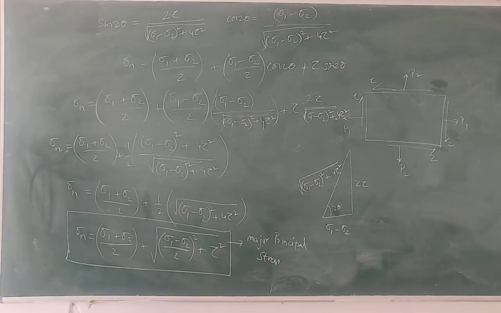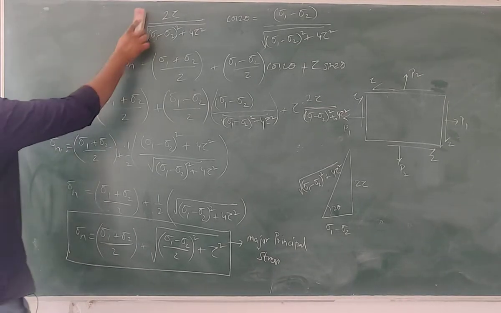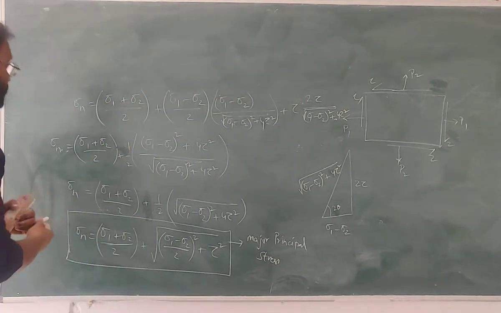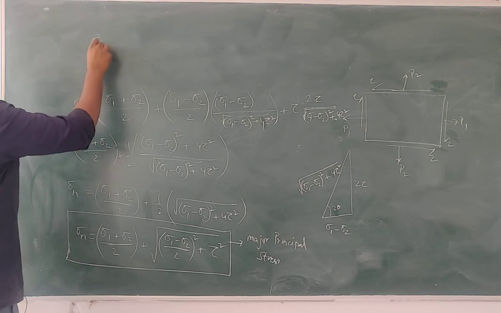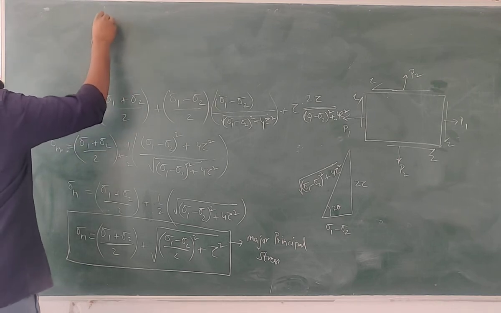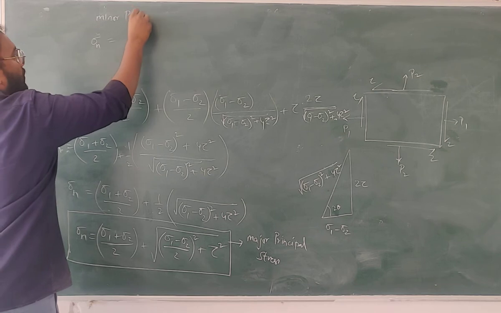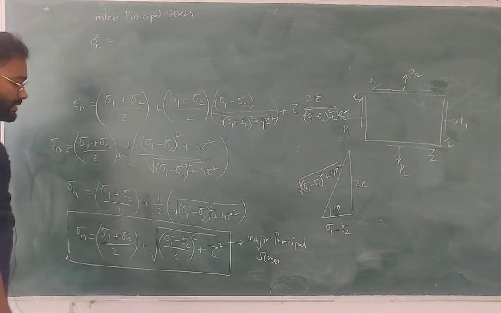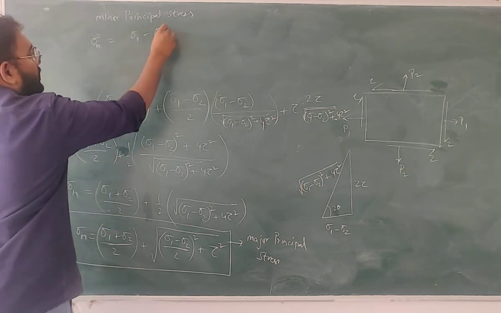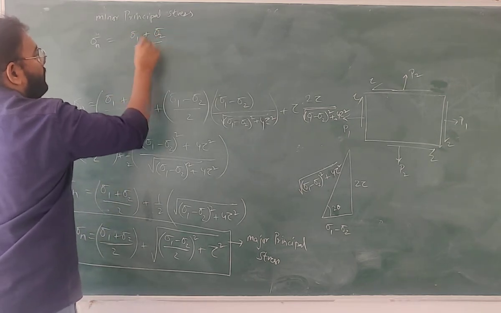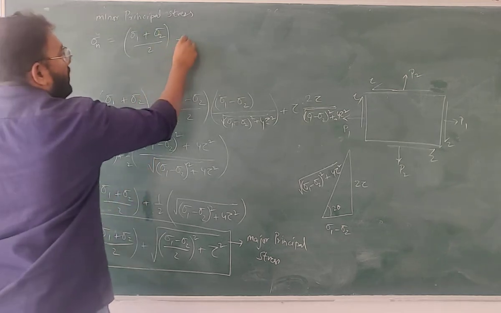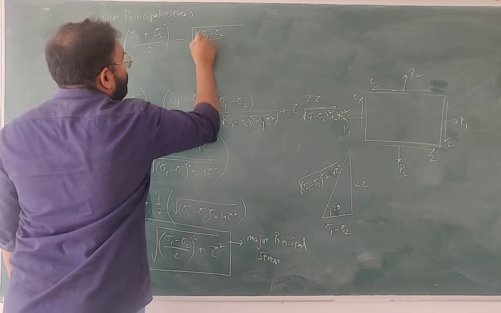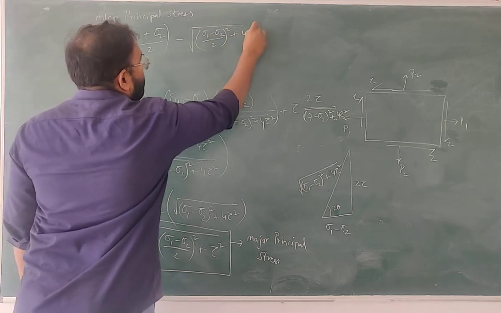Major principal stress. Similarly, to calculate minor principal stress, the minor principal stress is equal to (sigma 1 plus sigma 2) by 2 minus under root of ((sigma 1 minus sigma 2) by 2) whole square plus 4 tau square.